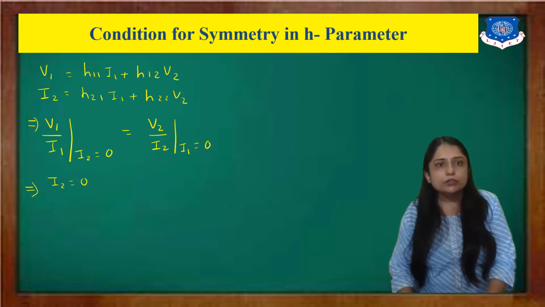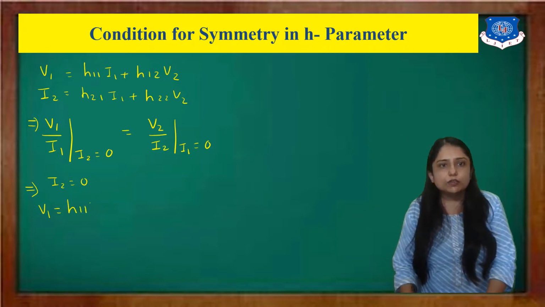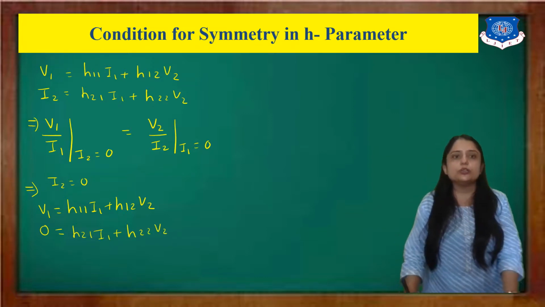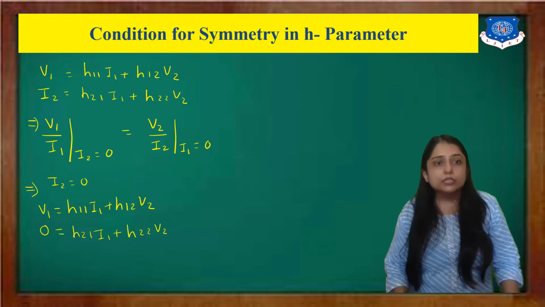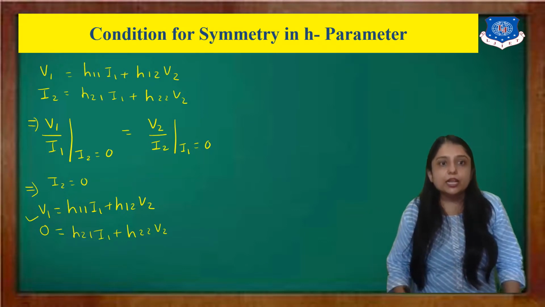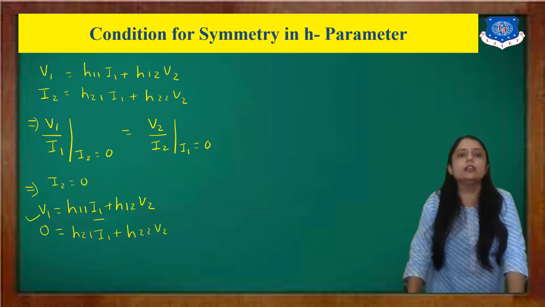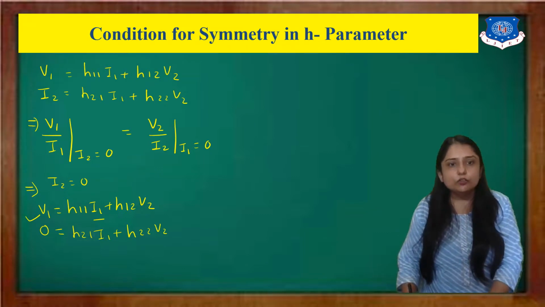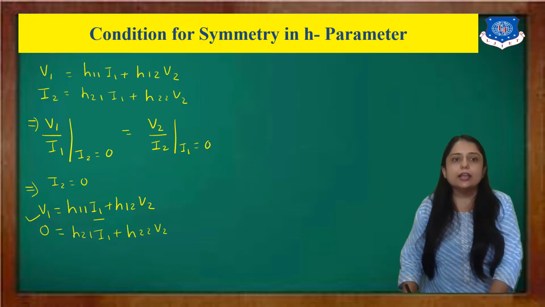So when I take I2 equal to 0, my first equation will remain as it is, that is V1 equal to H11 into I1 plus H12 into V2. Second equation, 0 that equal to H21 into I1 plus H22 into V2. What I want to find out is V1 by I1. Here I have V1, I1, but I don't want V2. So you derive the value of V2 from this equation and substitute in the above equation.